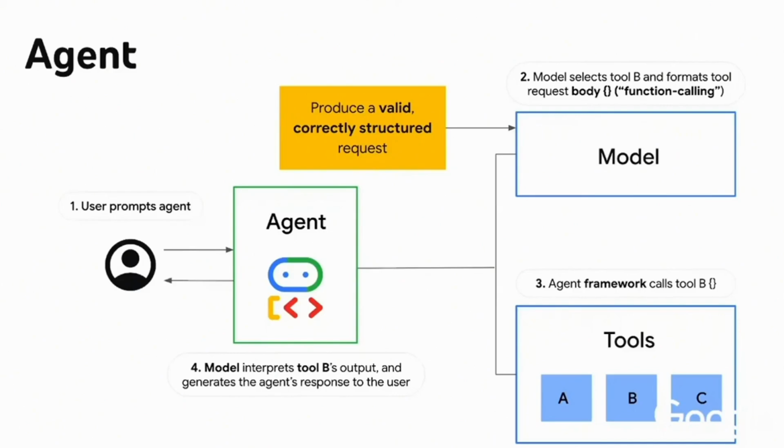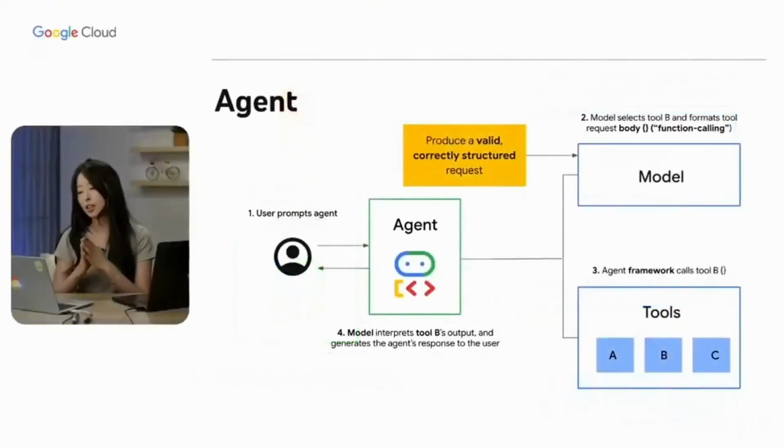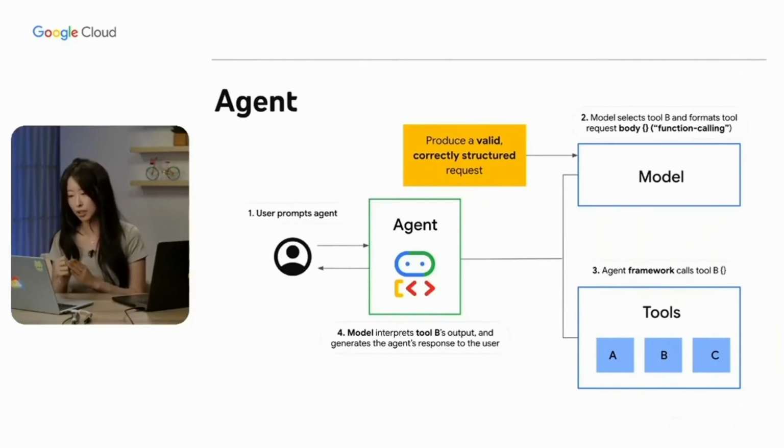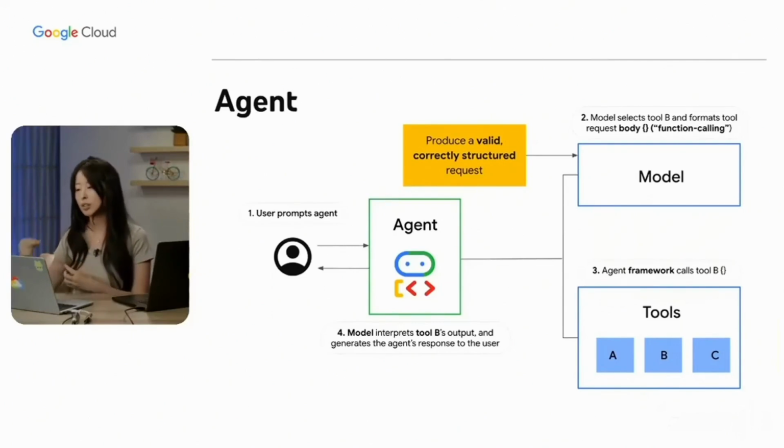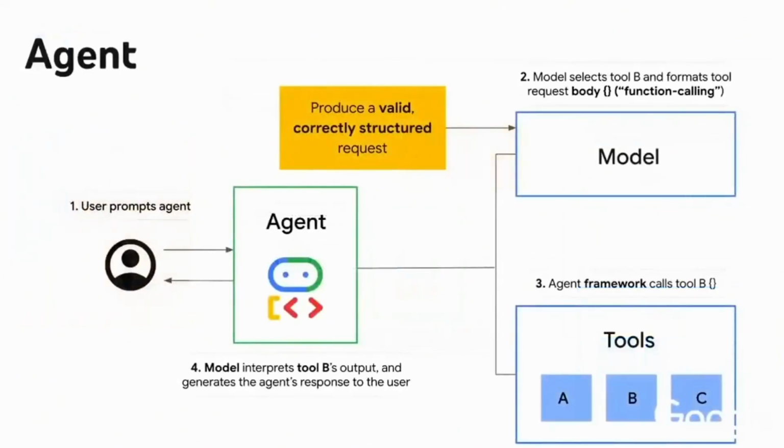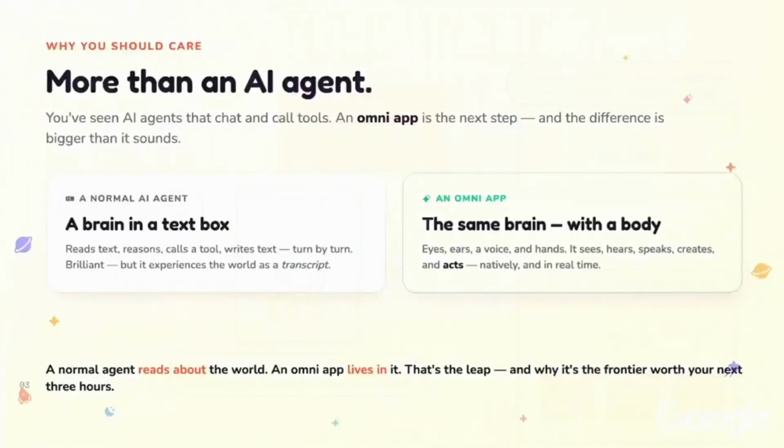So you give the prompt to the agent, and the agent has a model. The model is a brain. So the model is gonna choose the tool that helps answer this question. So the second step on the right top is the model choosing the tool, and then the agent framework is picking the tool and answering the question. Right? So that is usually how agent works.